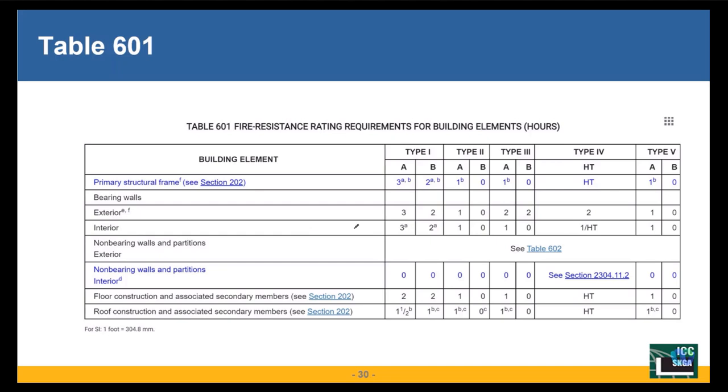For type 5B, right here, if we go down, you see the rating is 0 hours. For non-bearing walls interior, it's all non-rated. You can see 0 across the board right here, all 0. So we'll go back to the examples, and these examples are based on this table.